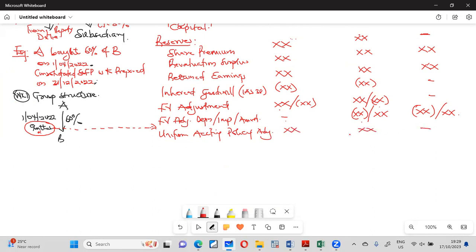Now we come to the provision for unrealized profit. But let me stay here for a while, because this fair value adjustment can be on receivables. It can be on inventory. And you do know that at the reporting date, the subsequent measurement of inventory should be the lower of cost and what? Net realizable value. So at the reporting date, the standard of what was adjusted comes into play.